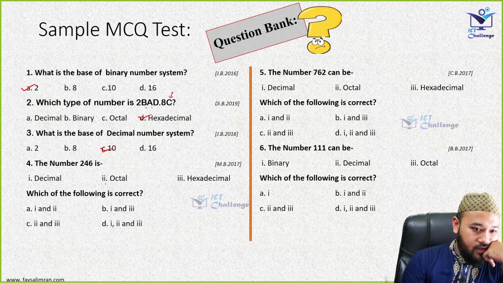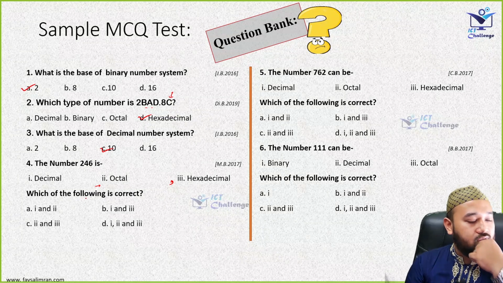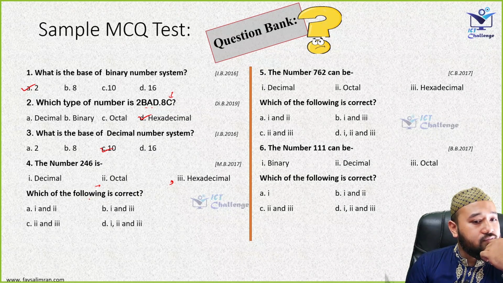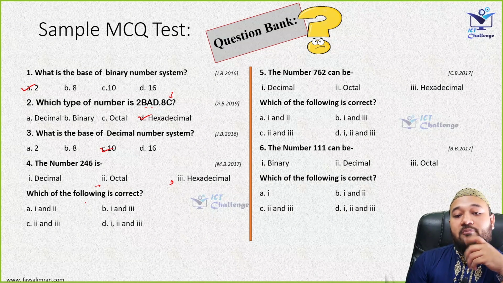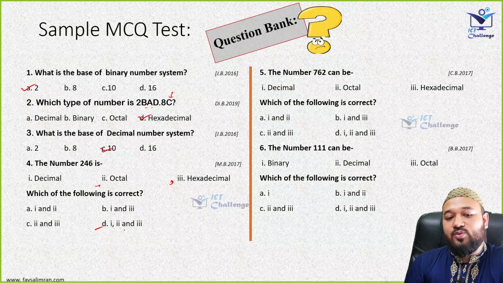Octal and decimal? Decimal and octal. But the correct answer is D, 1, 2 and 3.